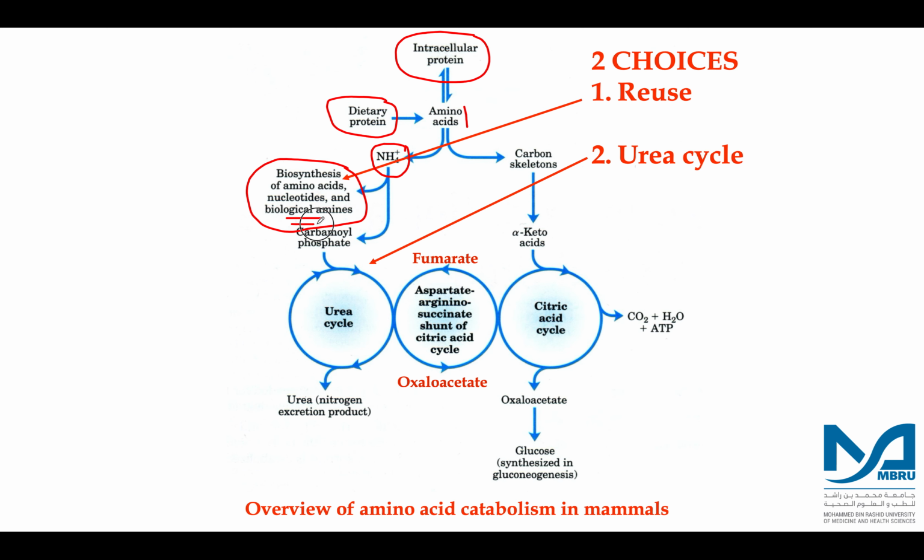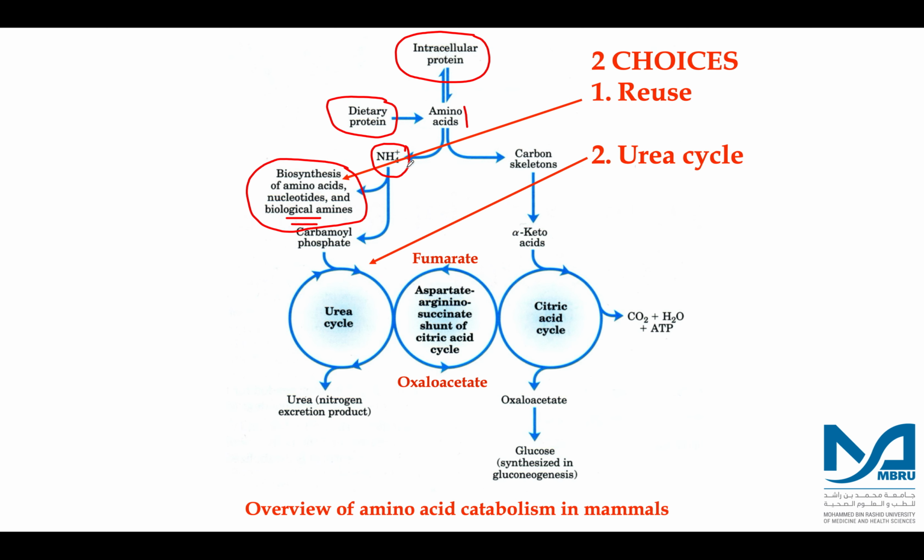And biological amines, you will learn about in various courses during the program. So this ammonium ion can be reused in the synthesis of nitrogen containing biomolecules in the body, very specifically amino acids, nucleotides, and biological amines.